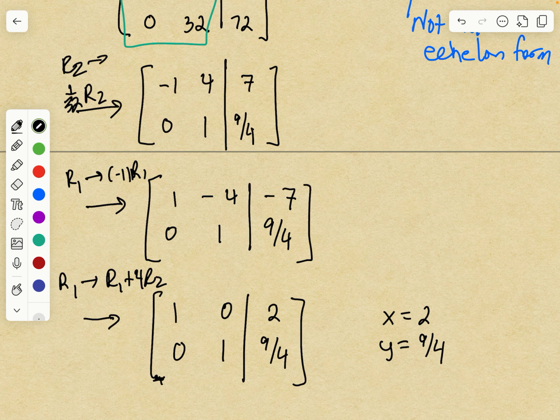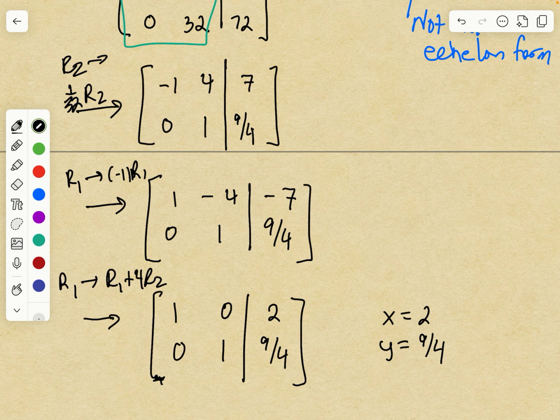If it's 1 or non-zero, if it's not 1 and you see a 1 below, you could swap rows to get a 1 at the top, or you could just scale the row by a number to get a 1 on the top left. Or you don't necessarily have to get a 1 on the top left, but it might make the calculations easier. Anyway, you need a non-zero number on the top left. If it's a 0, then you need to swap rows, right? If the whole first column is 0, then you start with the second column.